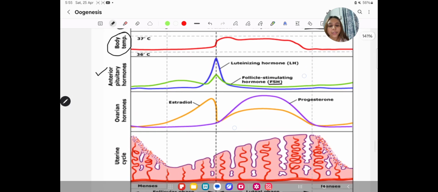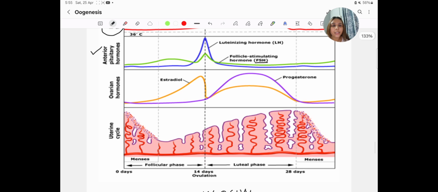We will have the surge of follicle stimulating hormone on the day before day 14. Here it is showing day 14, but definitely the correct one is the 13th day, because follicular development stops, then the ovulation starts.